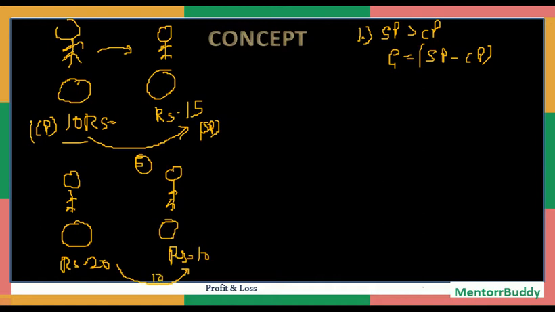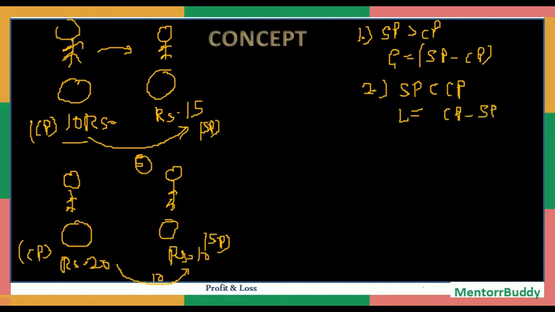In this case, this is my cost price and this is my selling price. Whenever the selling price is less than the cost price, there is always going to be a loss. This loss will always be equal to CP minus SP. These are two simple forms which are going to be helpful in every possible coming question.